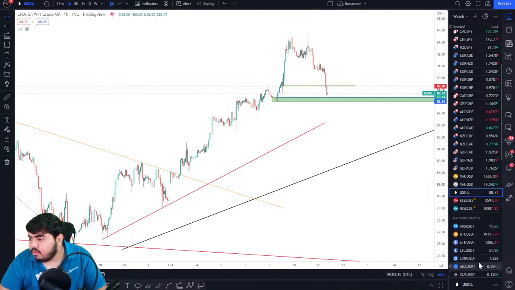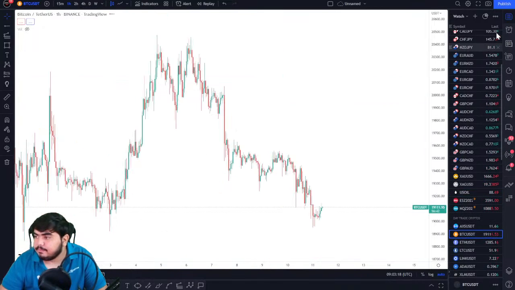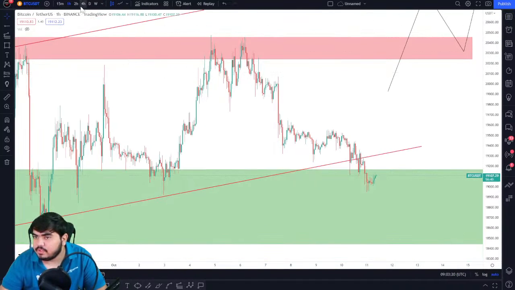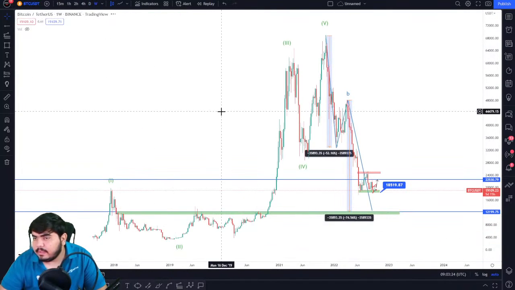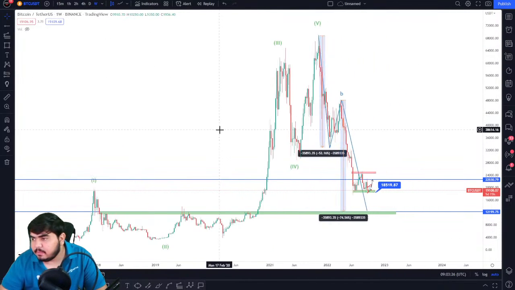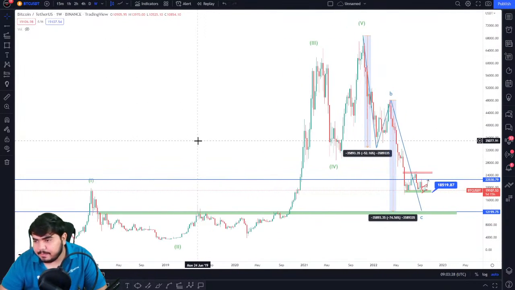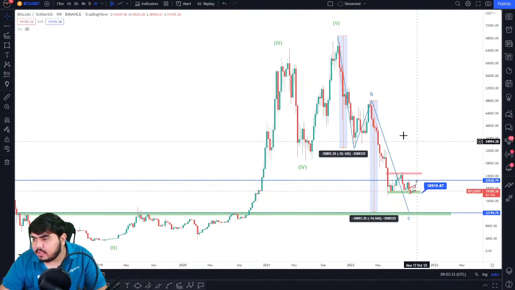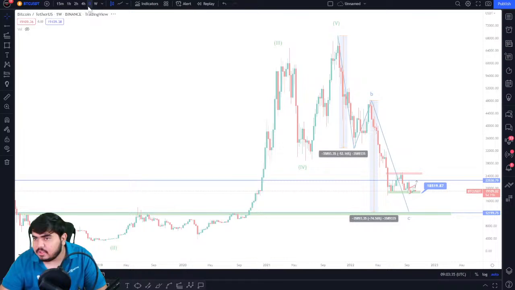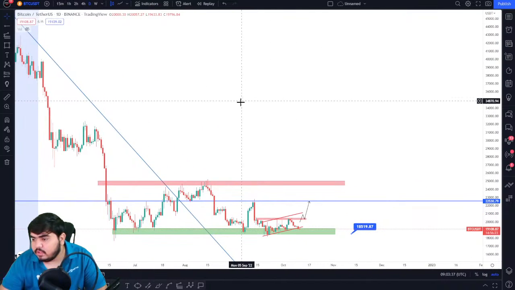Now let me have a look on BTC, Bitcoin versus USDT. So Bitcoin, my analysis is still the same. We are expecting that obviously the market is inside this ABC correction, and on the daily time frame we are just ranging right here.